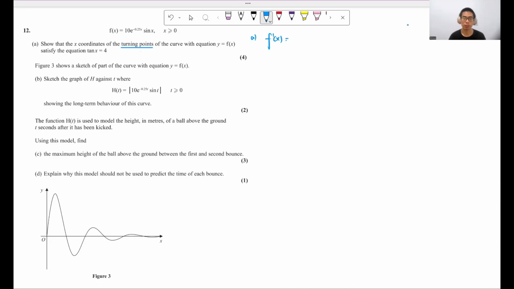So f(x) is a product, so we need to use the product rule. 10e^(-0.25x) times the derivative of sin x, which is cos x, plus sin x times the derivative of 10e^(-0.25x), which is 10e^(-0.25x) times the derivative of the power, which is negative 0.25.